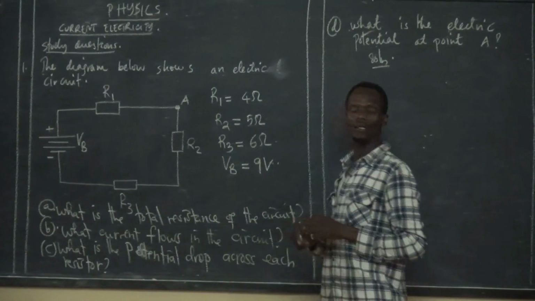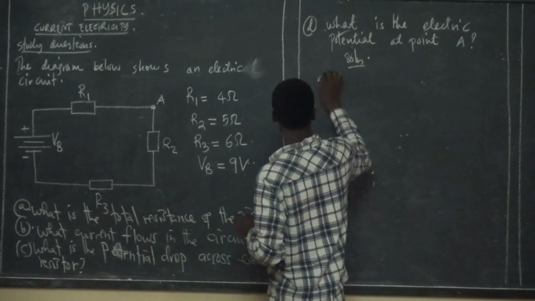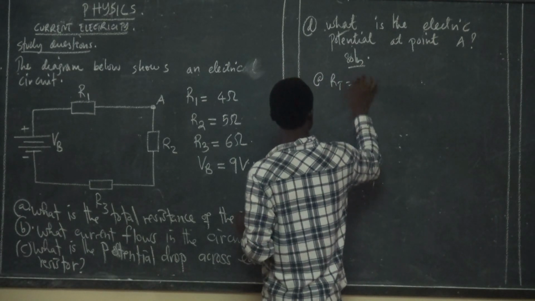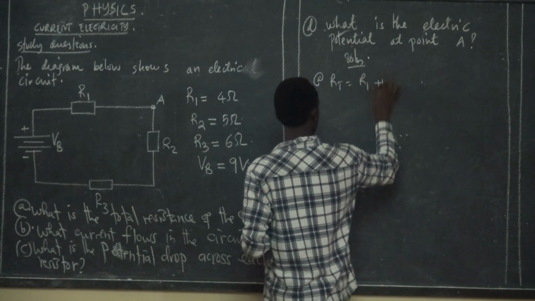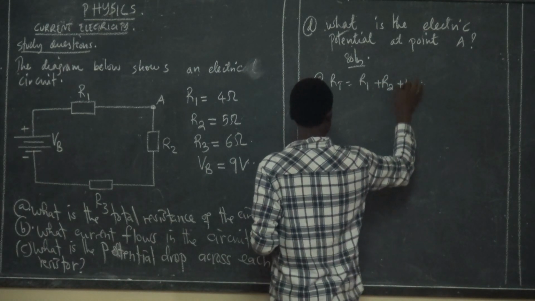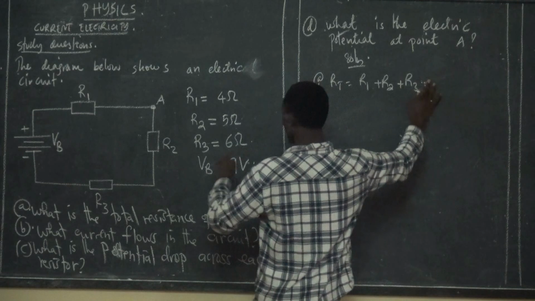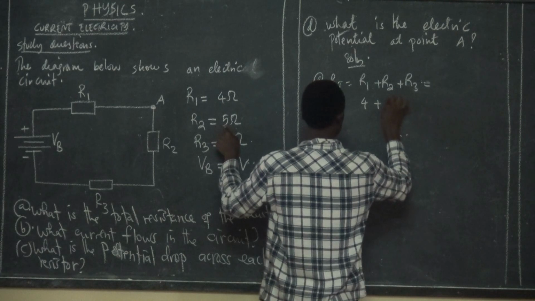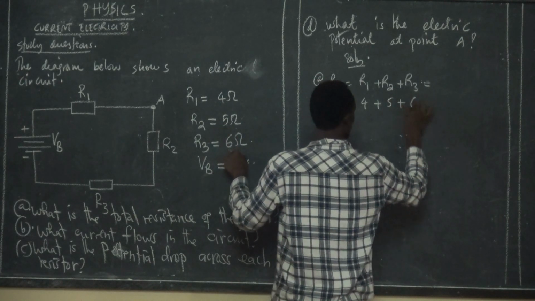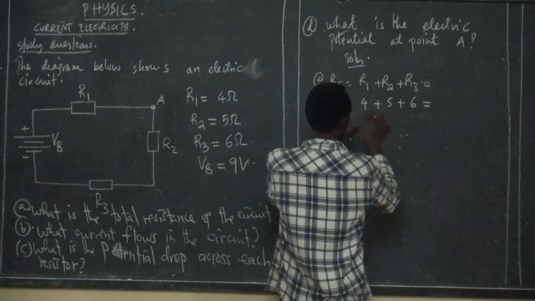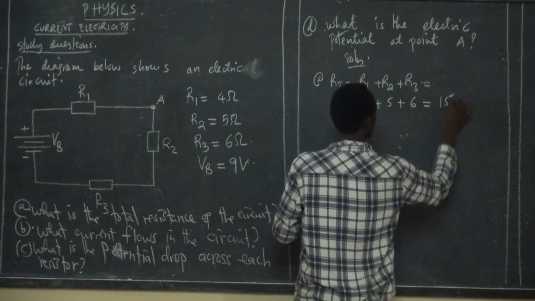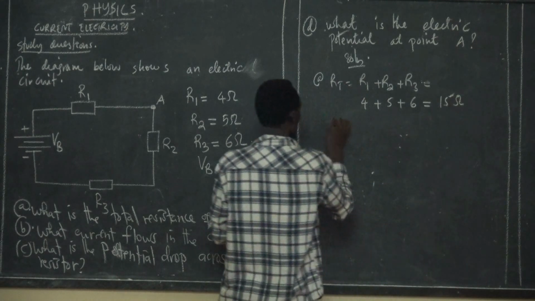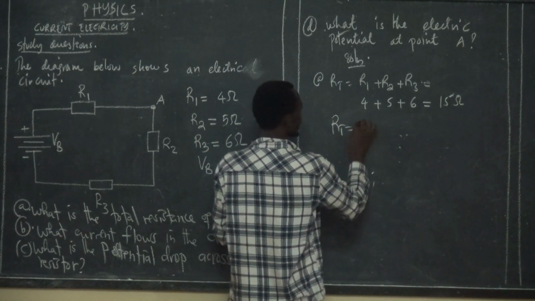Resistors are connected in series. Total resistance is equal to R1 plus R2 plus R3. R1 is equal to 4, R2 is equal to 5, R3 is equal to 6. Now we get 15 ohm. Total resistance is equal to 15 ohm.